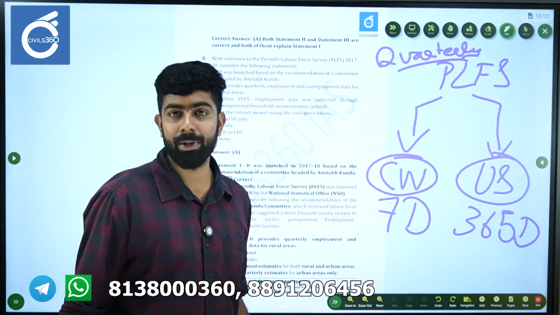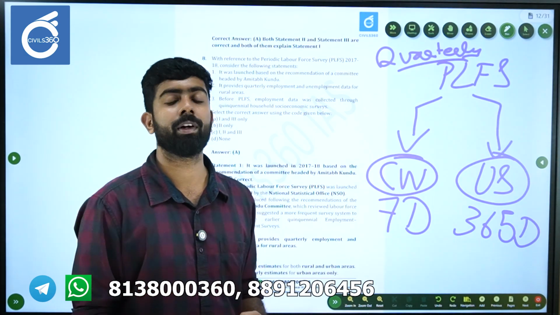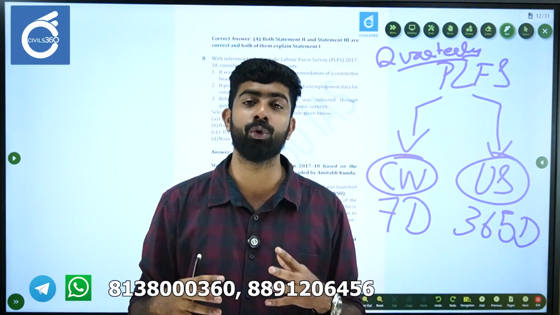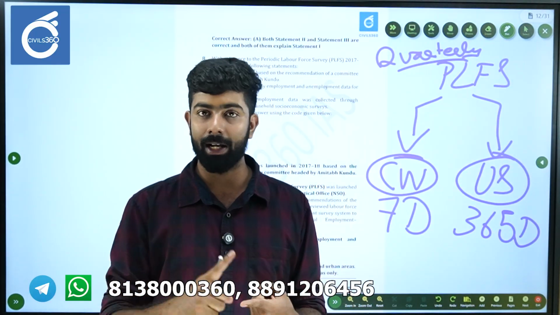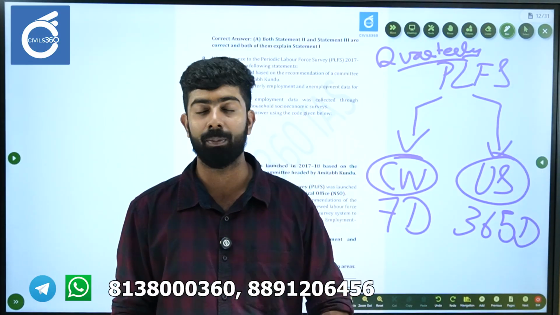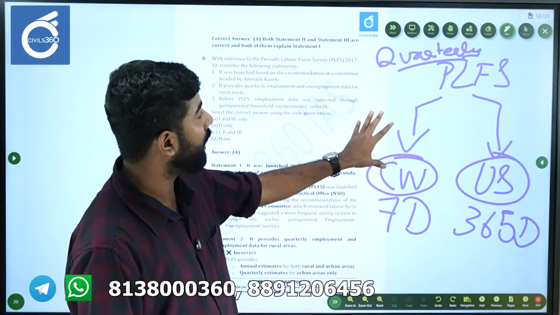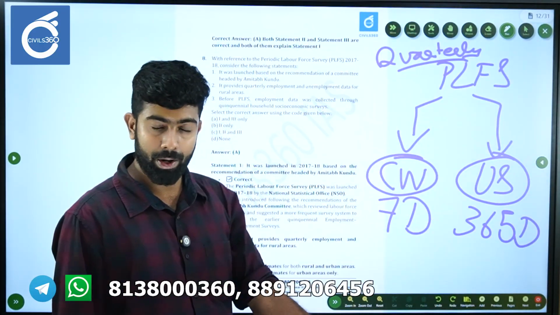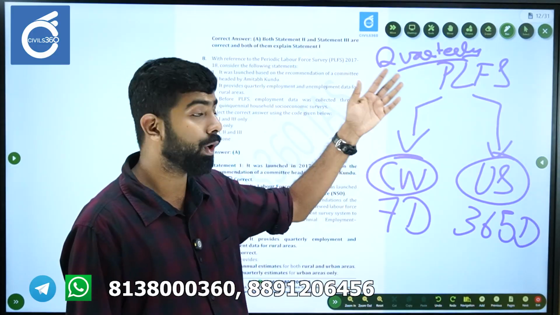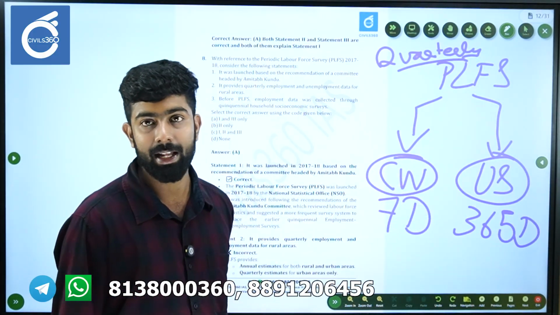So whenever you are studying PLFS, you need to know who conducts it and how often the publications come. For example, every month it gives you data regarding the unemployment rate, worker participation rate, labour force participation rate, worker population rate, all those things. Quarterly, until July 2025, it used to give data only on urban areas using the current weekly status.